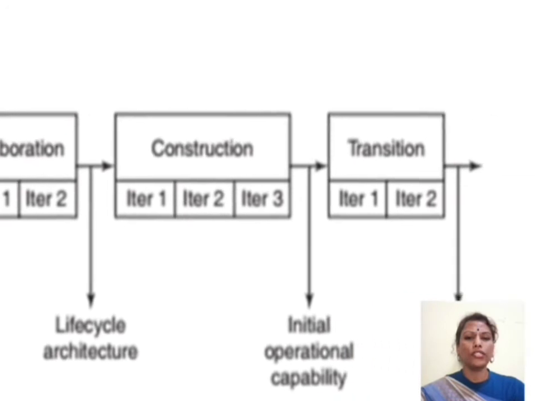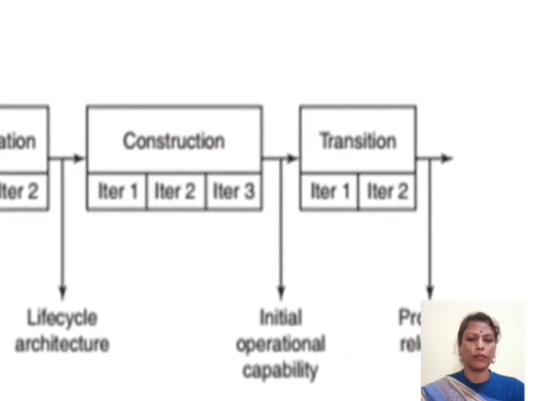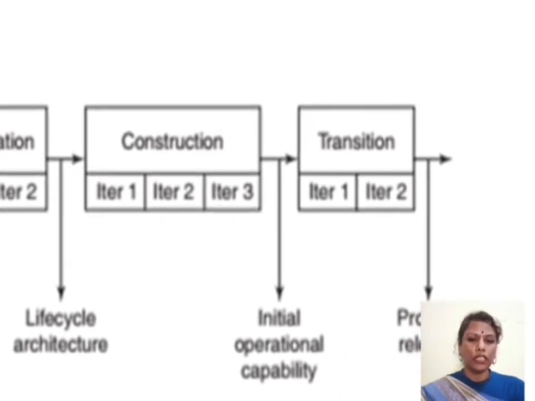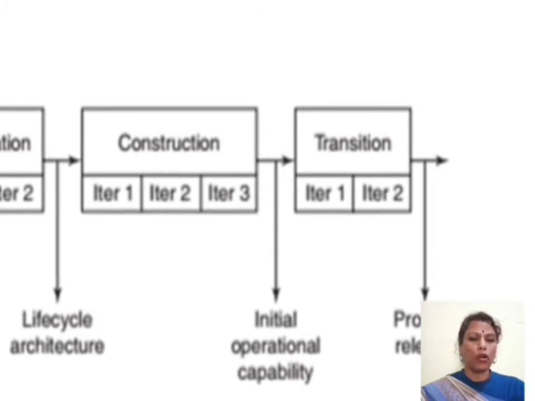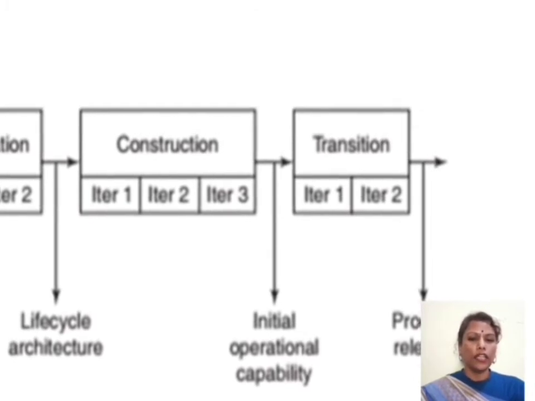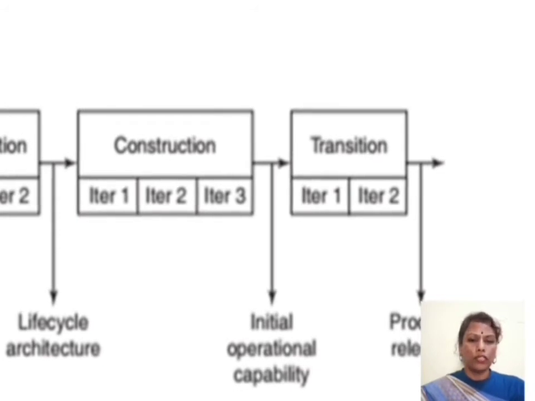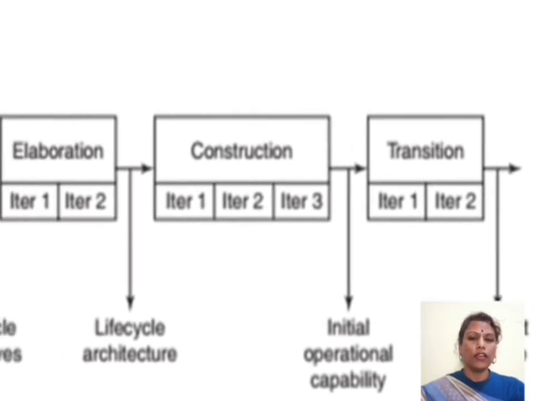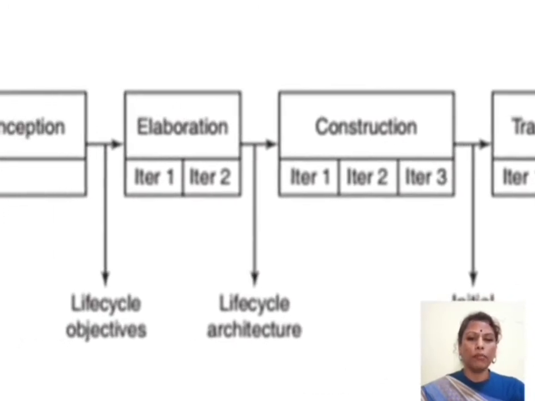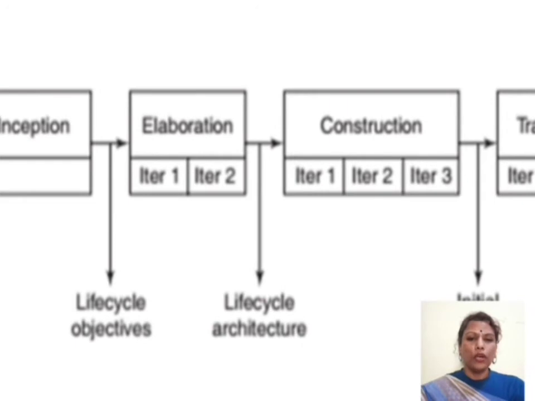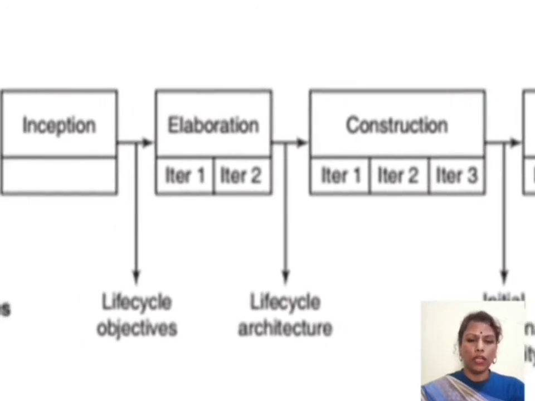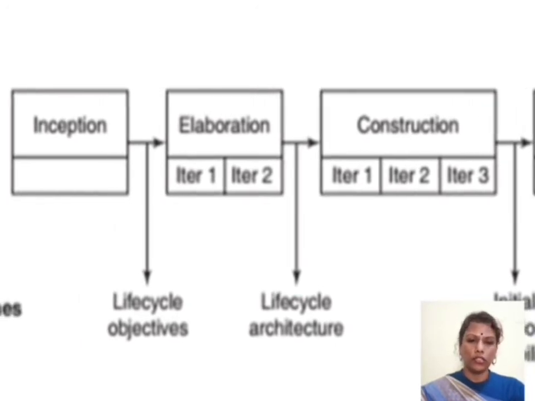And in the transition phase also, there are 2 increments. That means in the first increment, the first incremental product is delivered, and in the second increment, the second iterative product is delivered. Here we can understand that each and every phase has multiple iterations, which is necessary to accommodate any requirement changes.